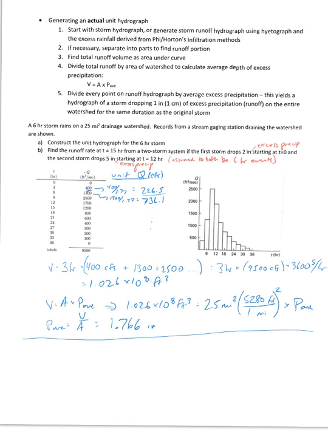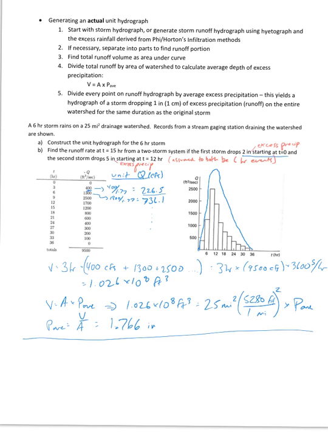Again, we're looking over here at the right at a hydrograph that was for 1.766 inches of excess precipitation. If I drew the hydrograph that starts at time equals 0 and is a 2-inch excess, it's going to start at the same time, but it's going to go quite a bit higher, to 2 inches instead of 1.76.